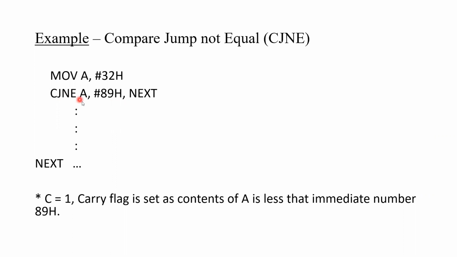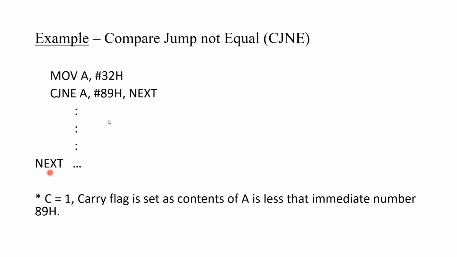First, it will compare the contents of accumulator with the immediate number. After comparison, if the contents are not equal, it will jump to the relative address. What is the address given here? The label mentioned as part of the instruction: NEXT. It will jump to NEXT here.